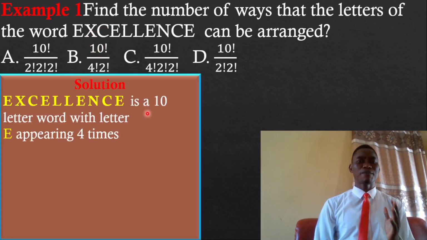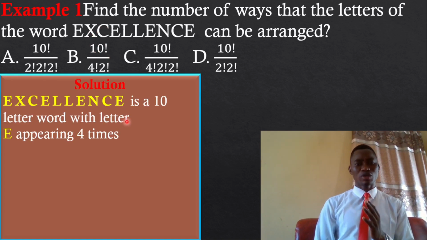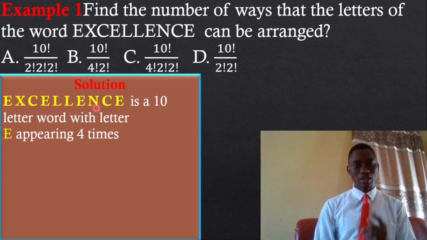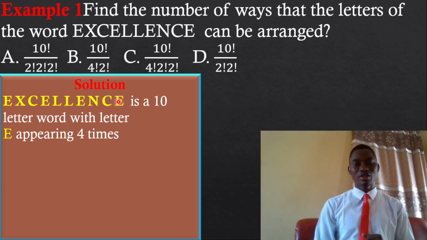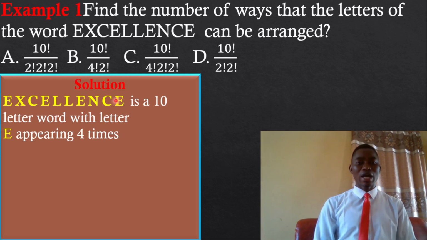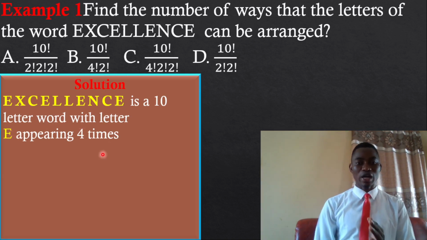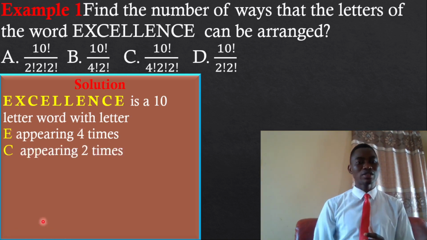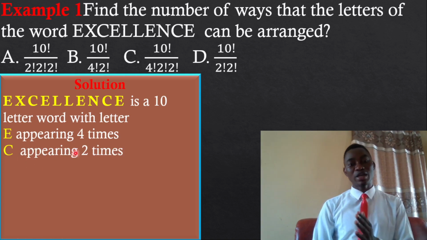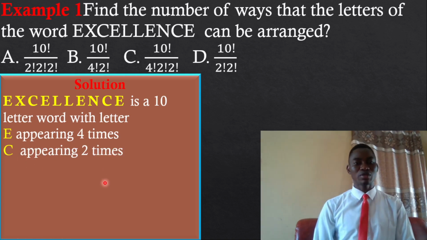Excellence is a 10-letter word. Let's count: 1, 2, 3, 4, 5, 6, 7, 8, 9, 10. It's a 10-letter word, and it is obvious letter E appears 4 times. Then letter C also appears 2 times.